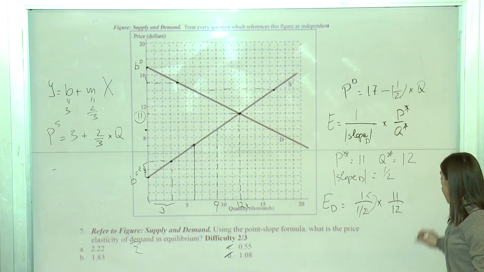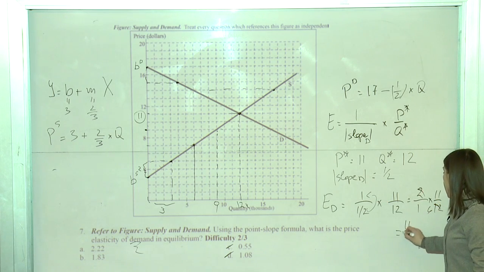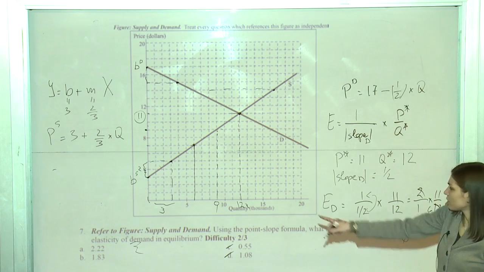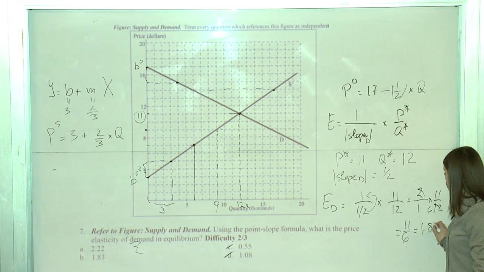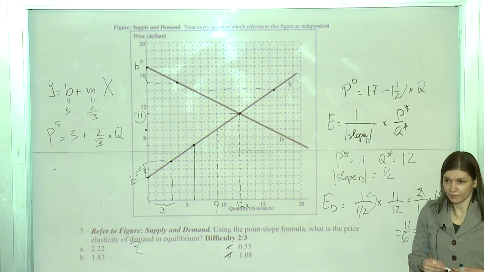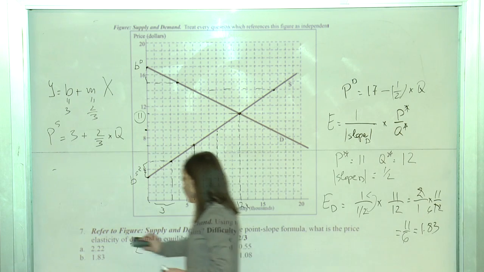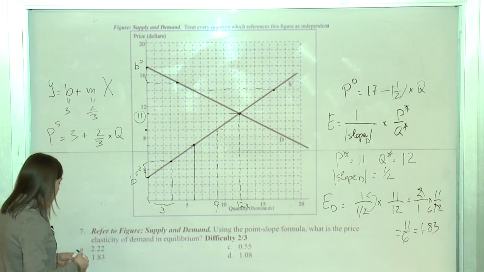I can put the 2 on top, so it's 2 over 1 times 11 over 12, which is 11 over 6. That's less than 2, so 1.83 must be the answer. In this case, the answer is B.